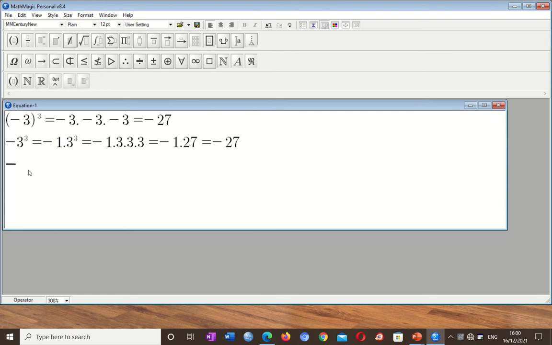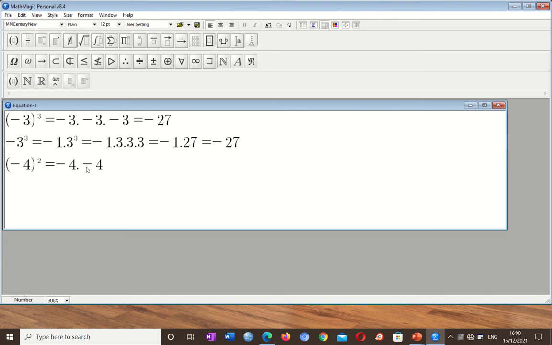But if it is an even number, let us say that I have here minus 4 to the power 2. Be careful with the brackets. I have brackets here and I have a power 2. What this means is I have to write minus 4 multiplied by minus 4.